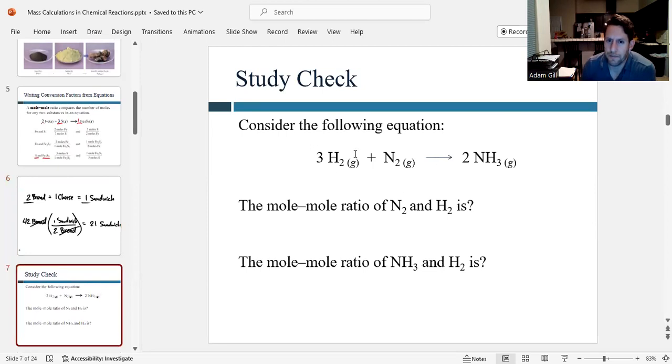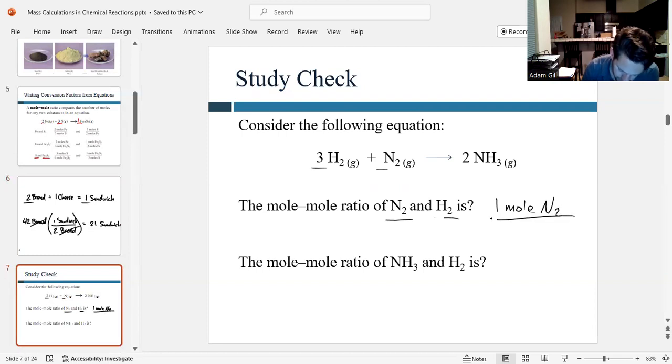So here's a different equation. 3 hydrogens and 1 nitrogen creates 2 ammonias. What is the mole ratio of N2 and H2? Well, I see that there's 1 mole of N2 for every 3 moles of H2. And you could express that the other way around. Right? You could write it as 3 moles of H2 over 1 mole of N2.